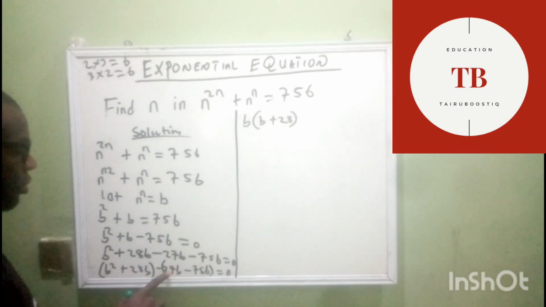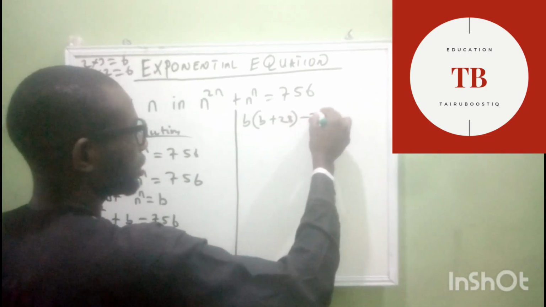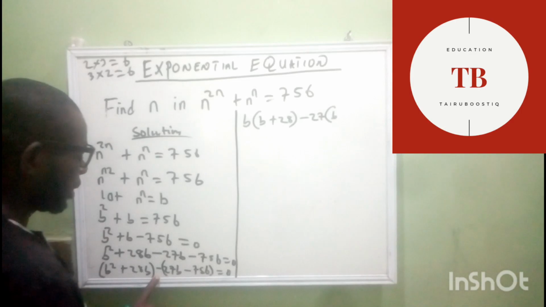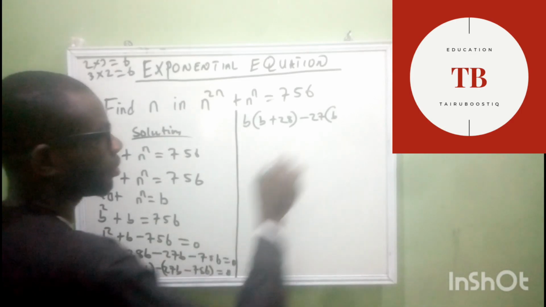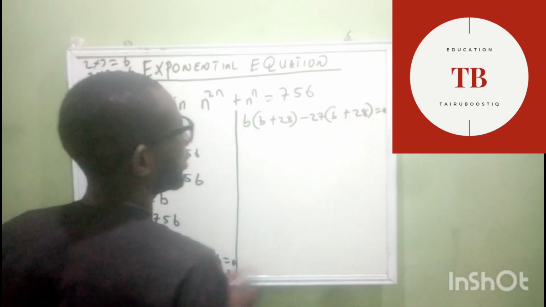Then, yes, 27 can go into 756. I'm going to factor minus 27 out and put b, then minus 756 divided by minus 27 gives us plus 28, equals 0.